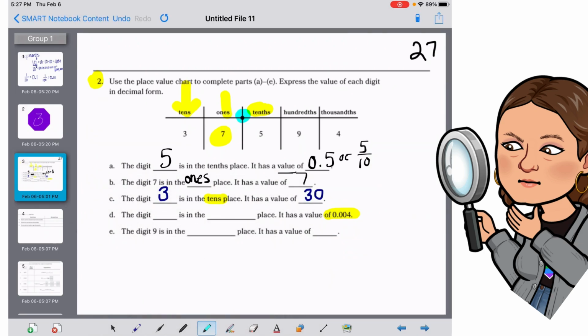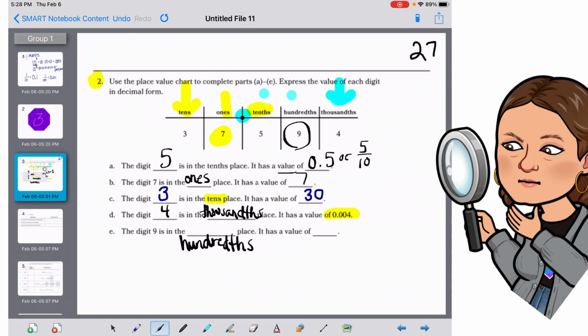So if there's my decimal and I go 1, 2, 3, that puts me in the 1,000ths place. So I have a digit of 4 in the 1,000ths. Now I'm going to try to write that super tiny. Okay. And the digit 9 is in the 100ths.